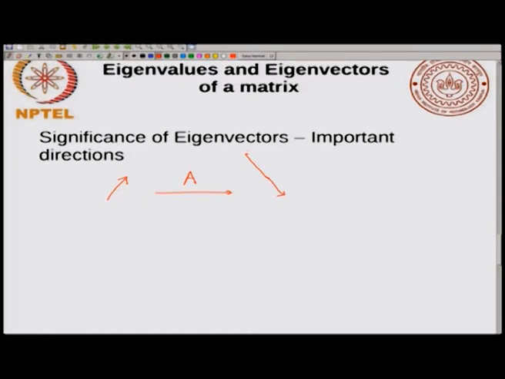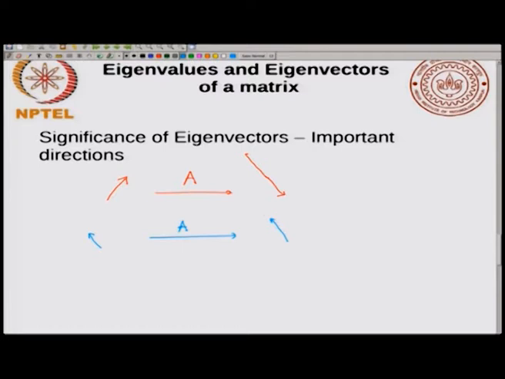Now you can do this for various vectors, and what you will find is that there are certain specific directions, which I will show in this light blue color. Any vector pointing in this direction will have the property that when I operate on it by A, I get another vector in the same direction. Maybe it is slightly longer or slightly shorter, but whatever it is, they point in the same direction.